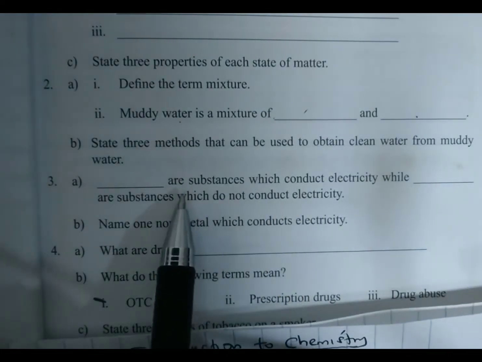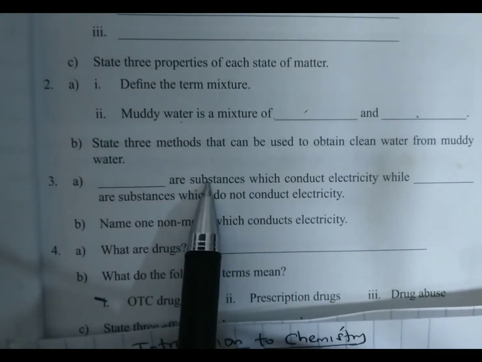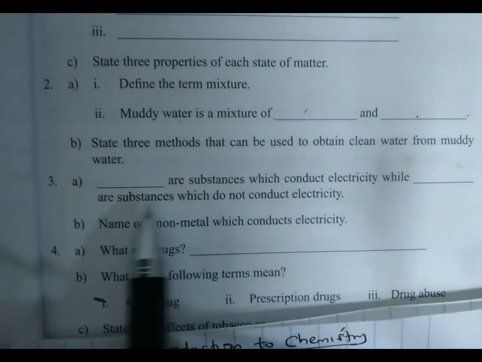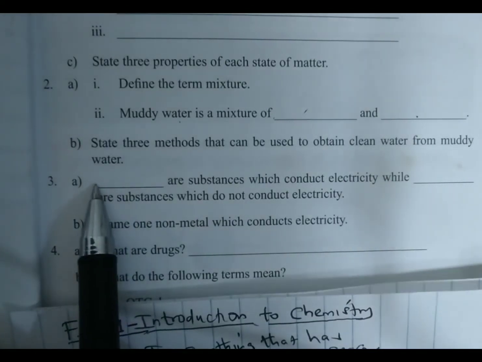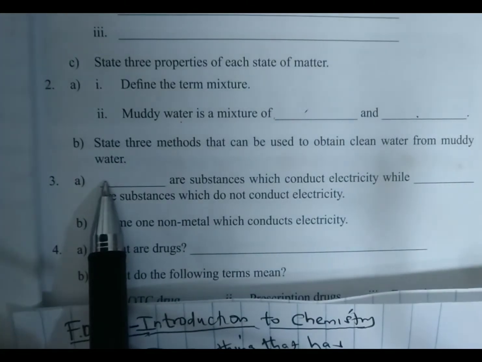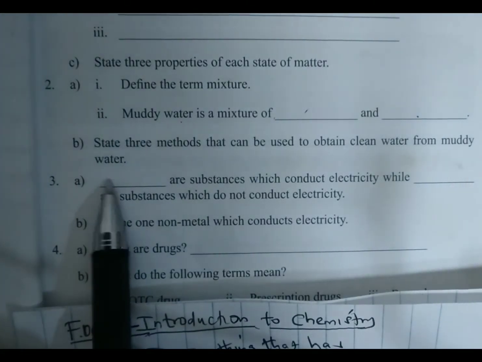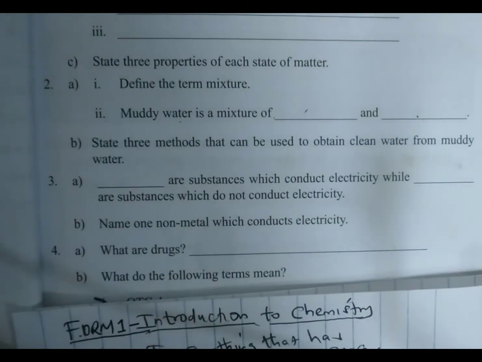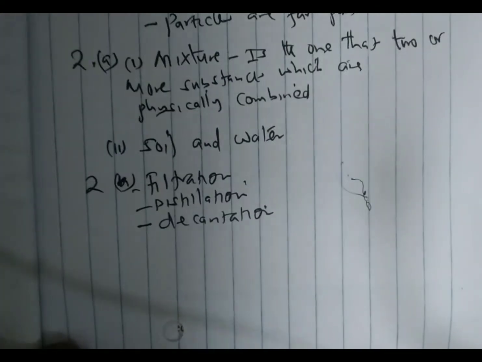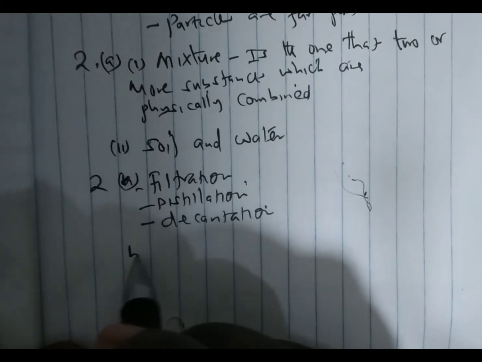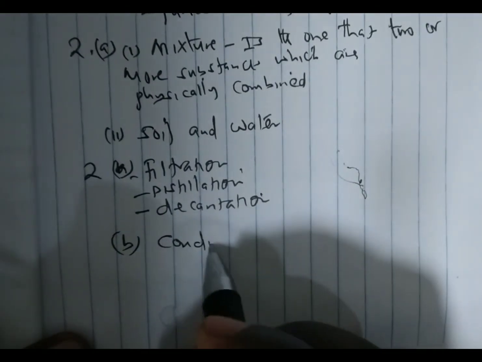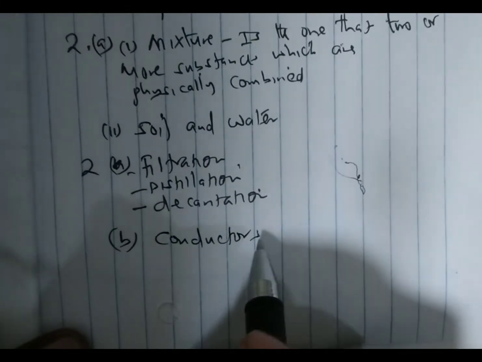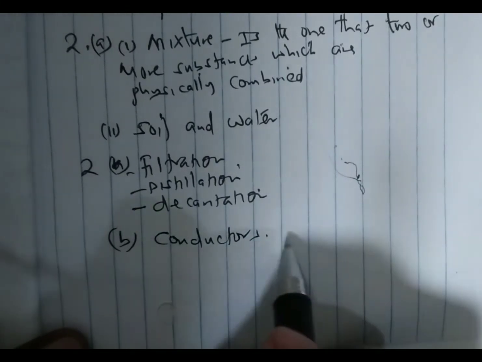We have already discussed those substances that conduct electricity and those that do not conduct, and therefore we said that those that conduct electricity are known as conductors, while those that do not are known as non-conductors. So in this case, the answer should be conductors and non-conductors.